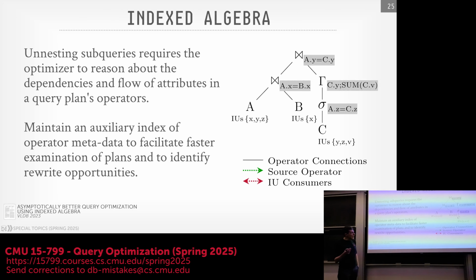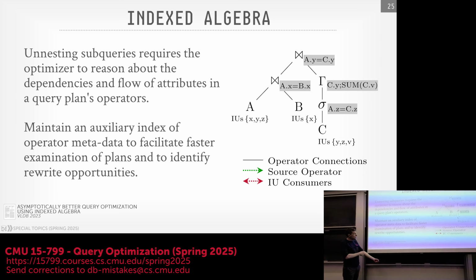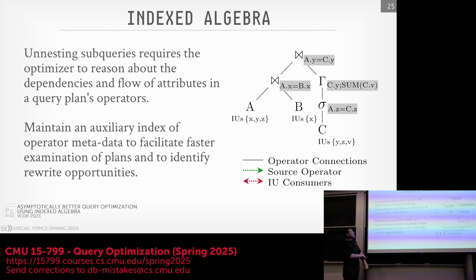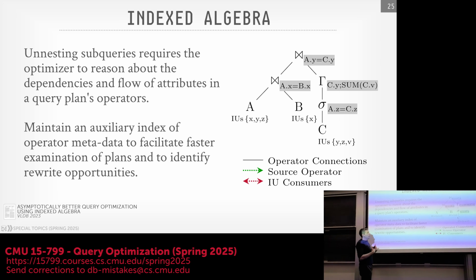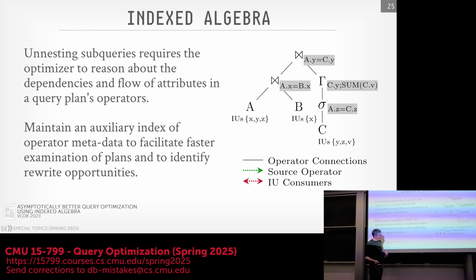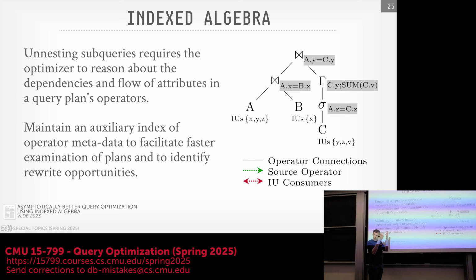They mention something called their indexed algebra. This is an additional data structure that the optimizer maintains internally, which keeps track of which operators are generating which attributes, and which other operators in that query plan are actually using those attributes.